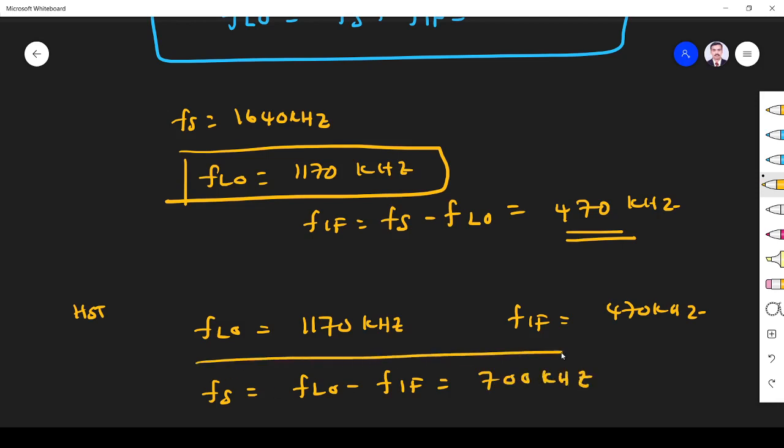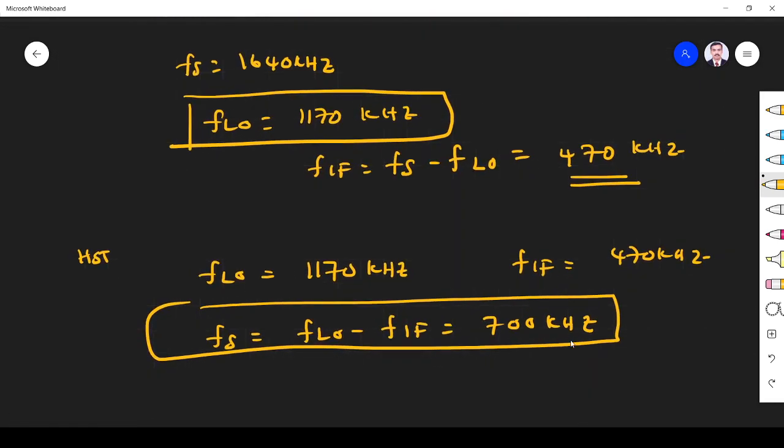But what happens here? This 700 is weak compared to the strong signal 1640. So this weak signal is masked and overcome by 1640. This is called double spotting. I hope you understand what is double spotting now.